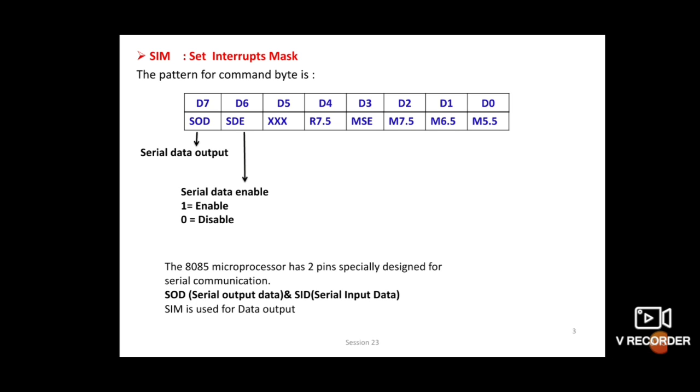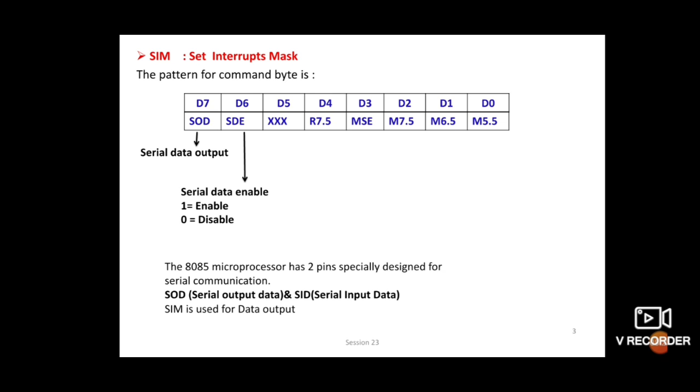But when the SIM or RIM instruction is used, only a single bit can be transferred serially at a time. This is the difference: the data bus transfers 1 byte at a time, and here 1 bit at a time.